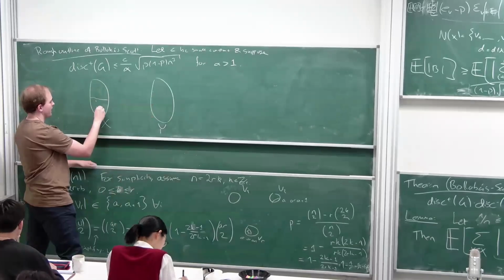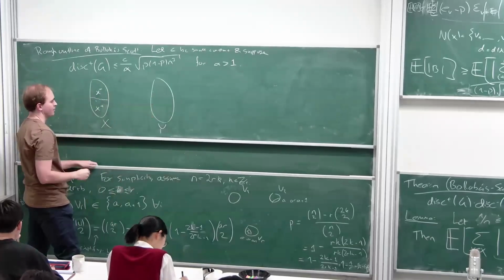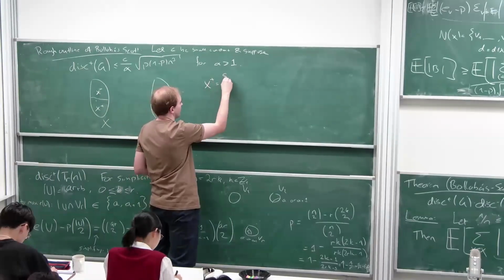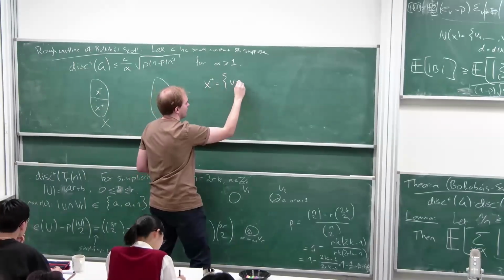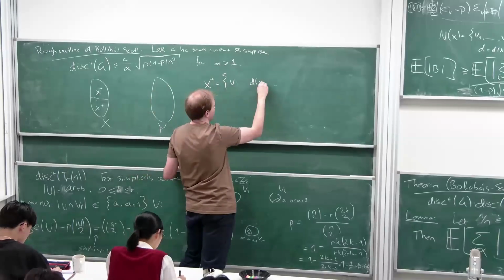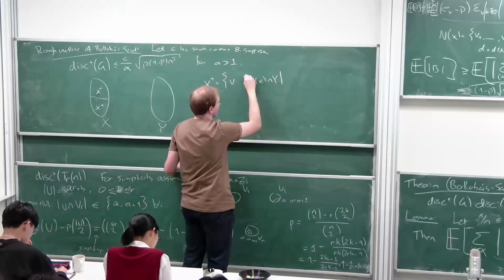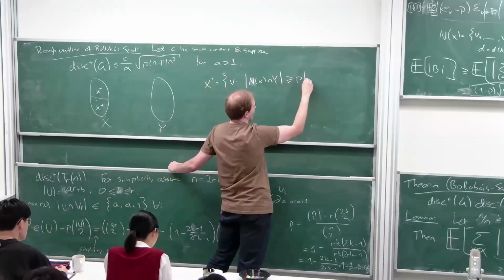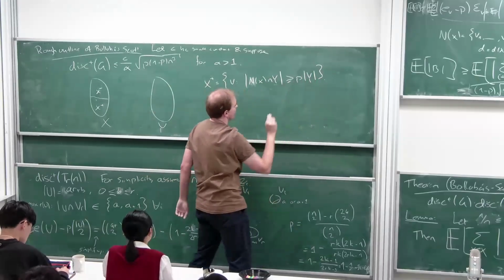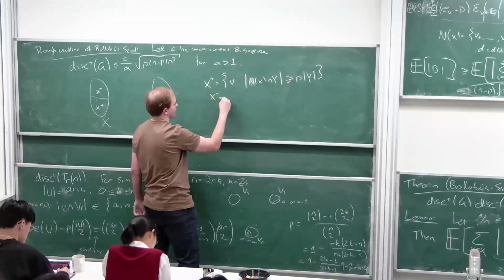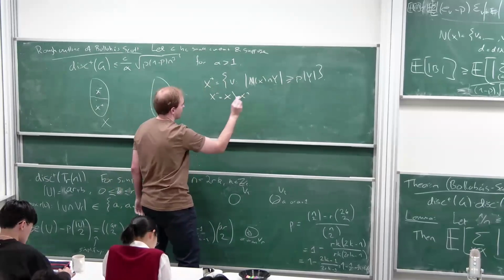So then there are sets x plus and x minus. The x plus is the set of those vertices v such that they see more neighbors in Y than expected, and x minus is X minus x plus.